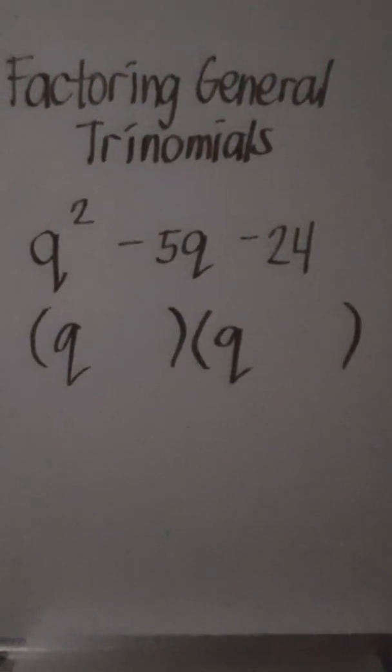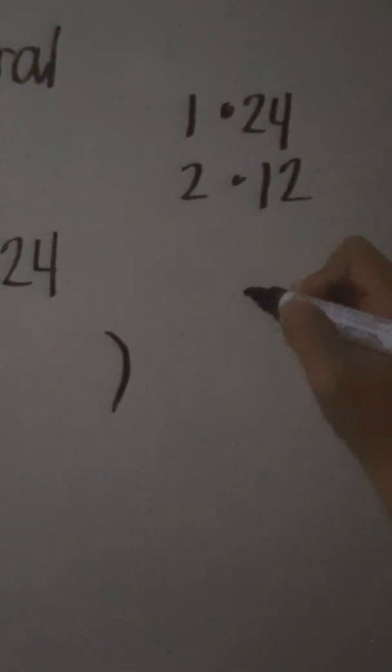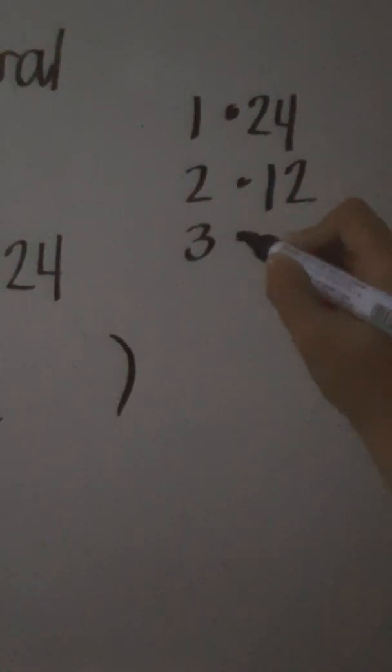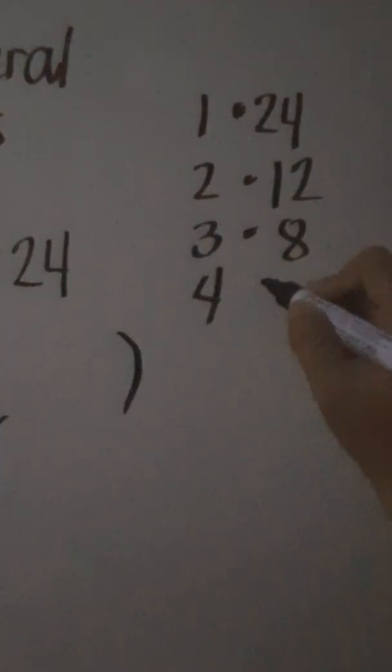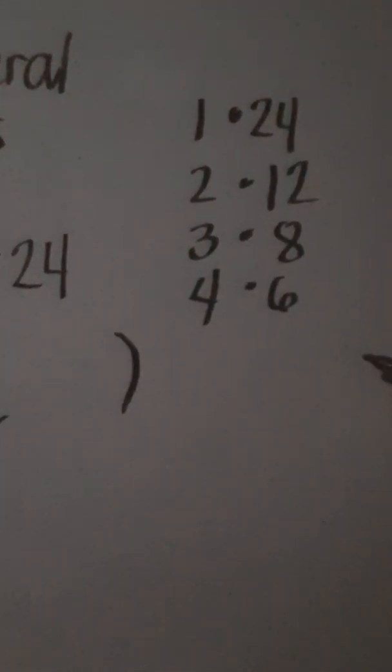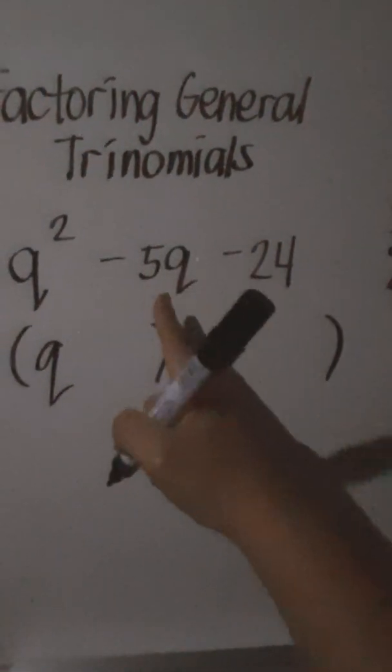Okay, for the last term, what are the factors of 24? So, the factors of 24, we have 1 times 24, 2 times 12, 3 times 8, 4 times 6.